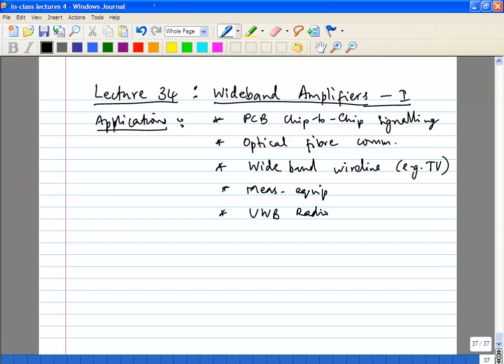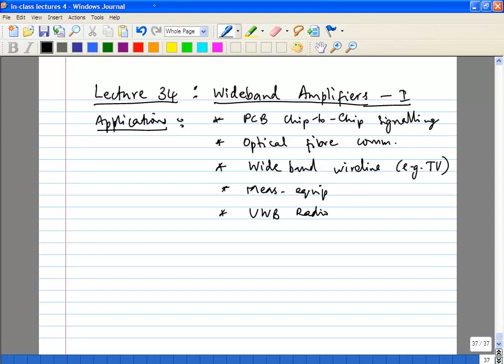Another new topic of research in traditional RF circuits is UWB, or ultra wideband RF. It goes all the way from 3 gigahertz to 10 gigahertz, almost a 7 gigahertz bandwidth. The idea is you have such a wide bandwidth, you transmit at such a low rate that you don't interfere with anybody else.